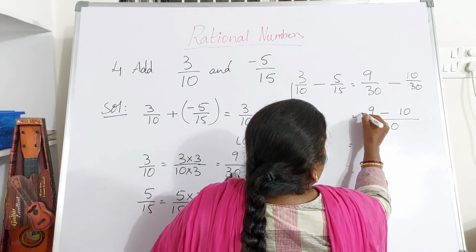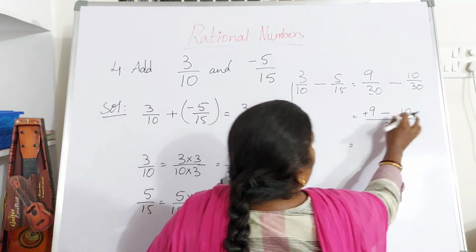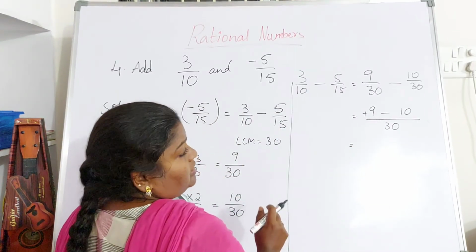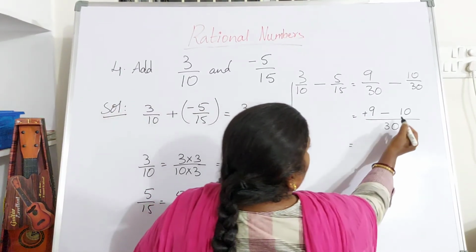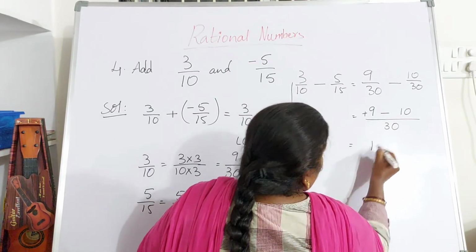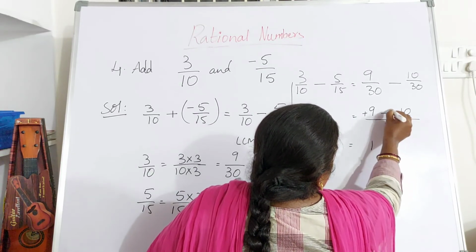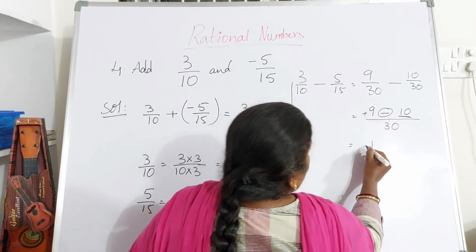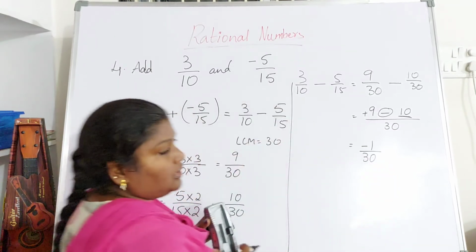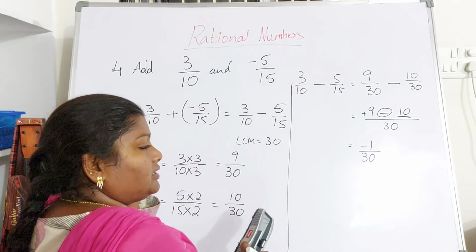Here 9 is plus and 10 is minus. Now when you have one plus and one minus number, you need to subtract: 10 minus 9 is 1. The bigger number is 10, its sign is minus. So write down minus 1 by 30.